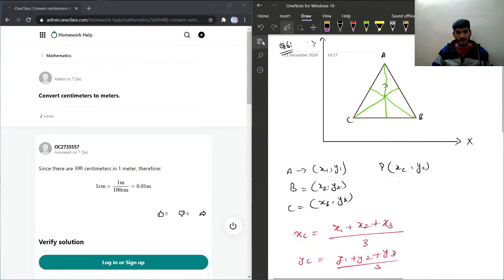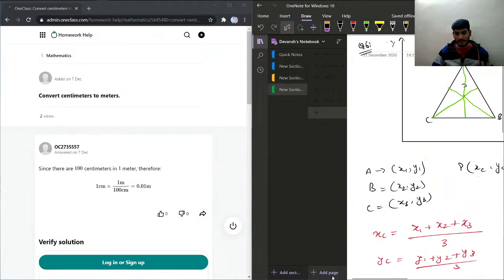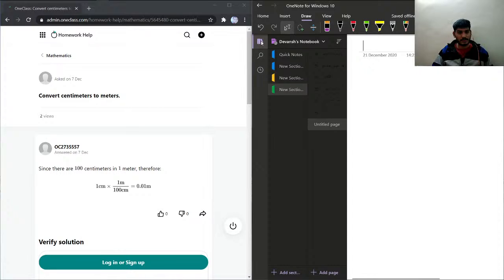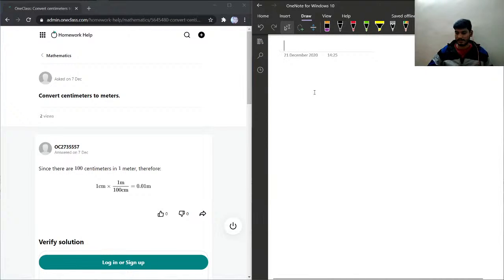So we have question number 6, and then we have question number 7. This is question number 7. We need to convert centimeter to meter. For this, we know the conversion rate.